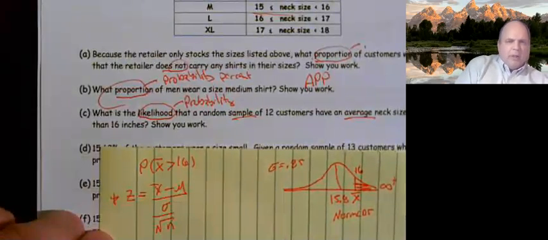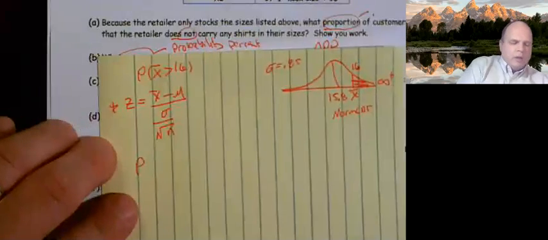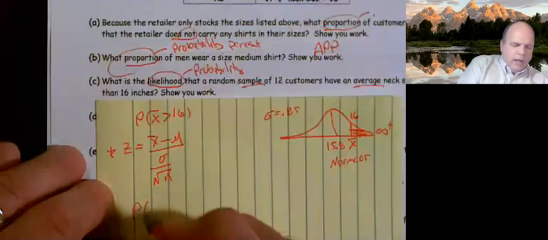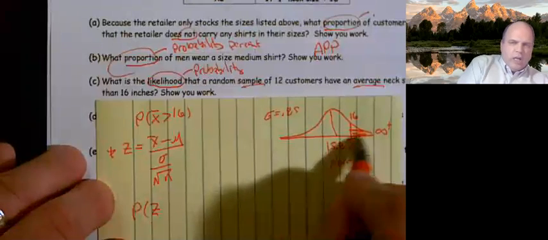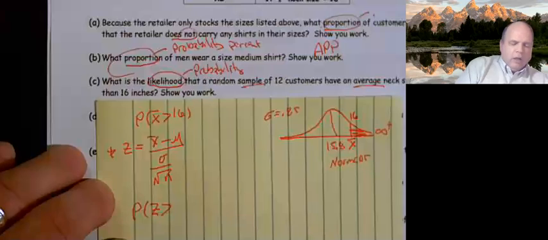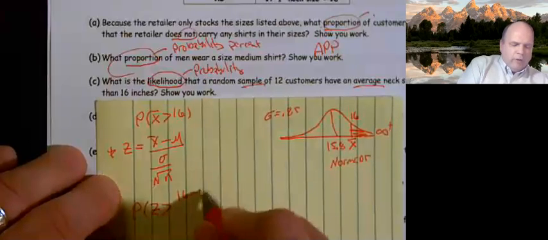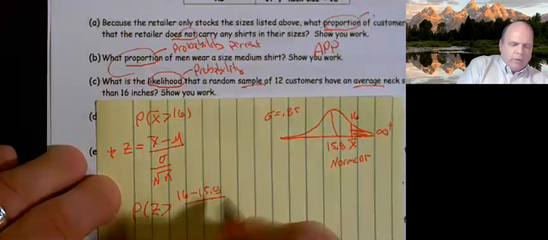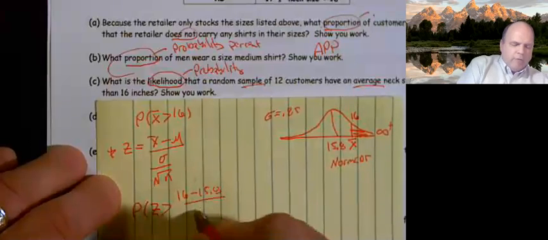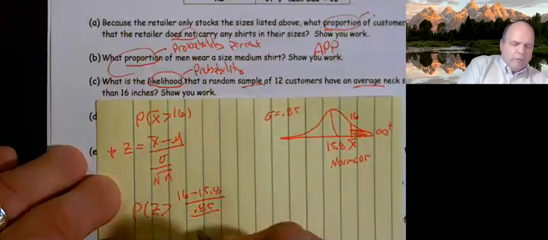So I want the probability that Z, we shade it up, so that makes this a greater than inequality, 16 minus 15.8 over sigma was 0.85 divided by the square root of our sample size of 12.